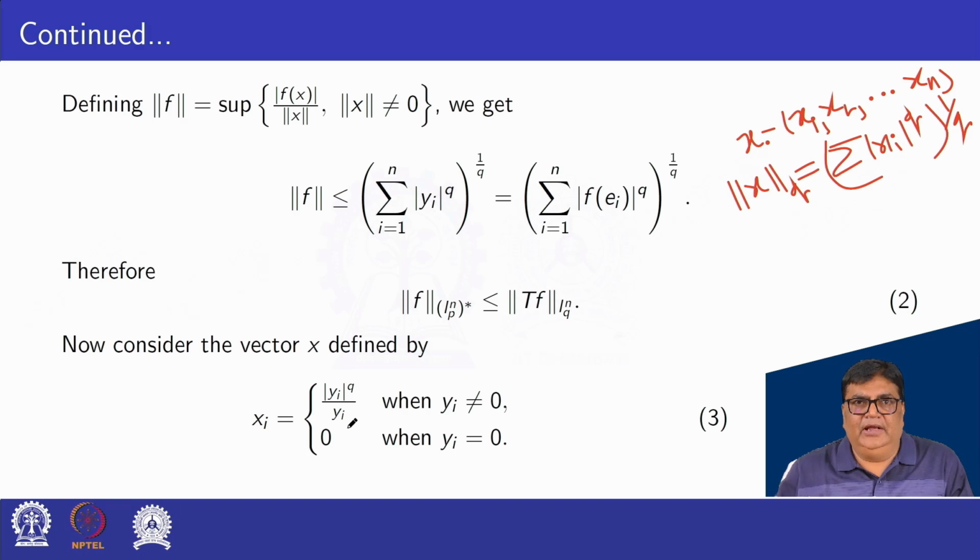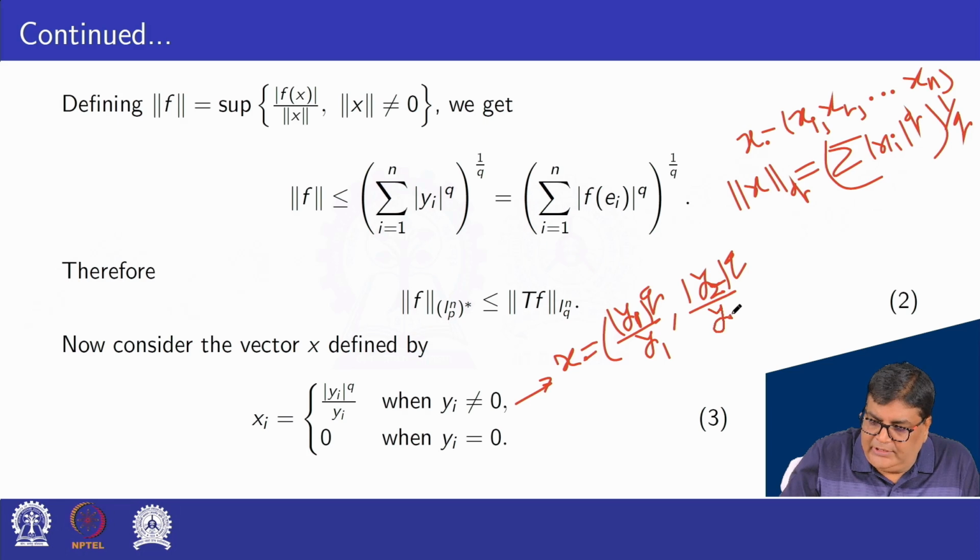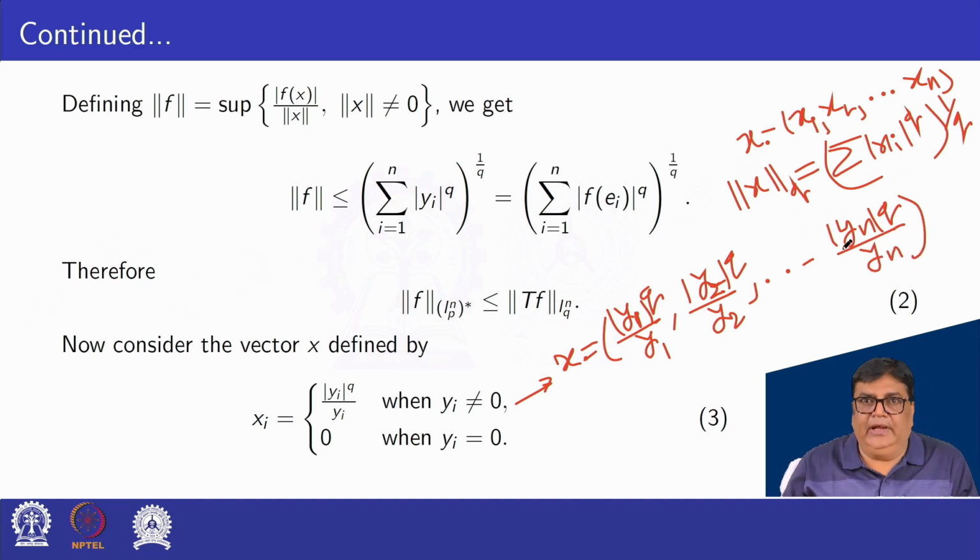It means x is equal to (|y1|^q upon y1, |y2|^q upon y2, and so on up to |yn|^q upon yn), n-tuples of this.